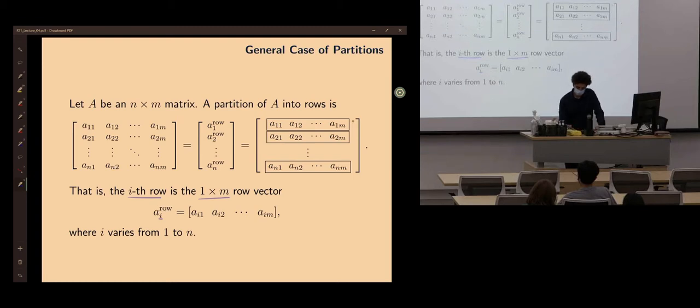By looking at these rows, we can see that because we partition in rows, the second index is fixed. For every row, the second index is just 1, 2, 3, up to m. It's not changing. But the row index is changing.